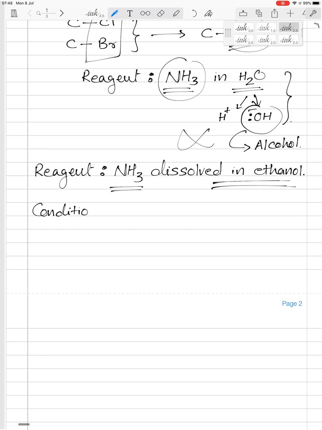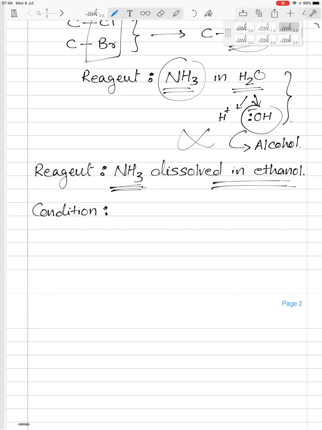Now, what is the condition for this reaction? Generally when we carry out a reaction, yes, we use reflux all the time. Now, ammonia is a gas and we can dissolve ammonia in ethanol. But when you heat it up, it has a low boiling point and it will come off from the top of the condenser, and cold water is not good enough to keep it in the liquid state.